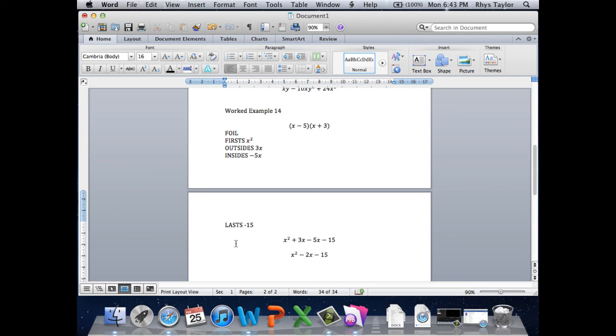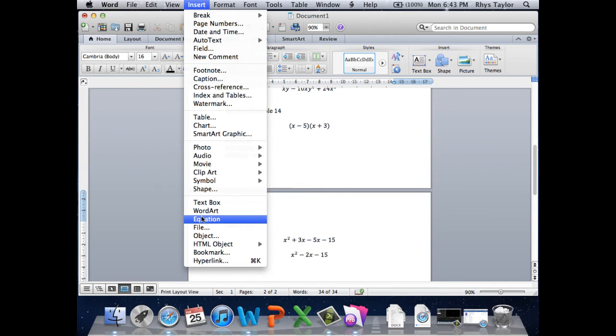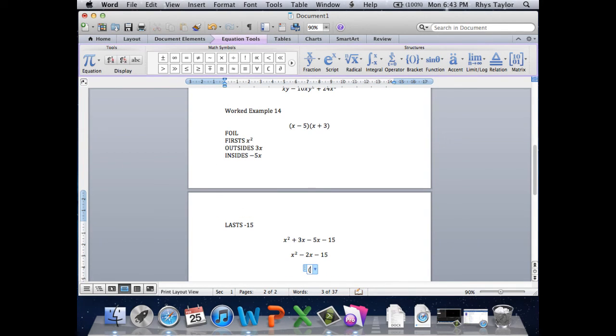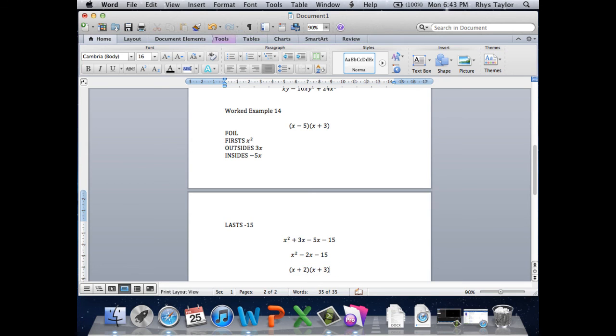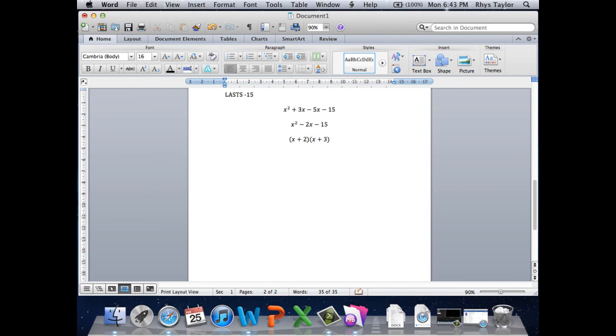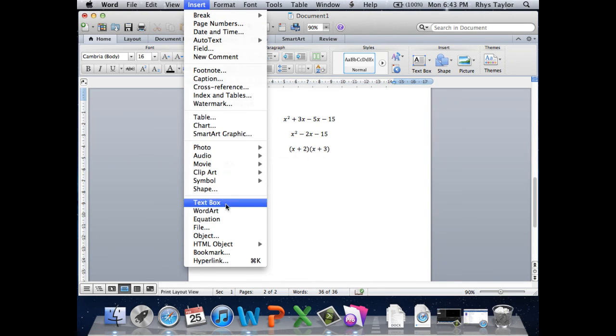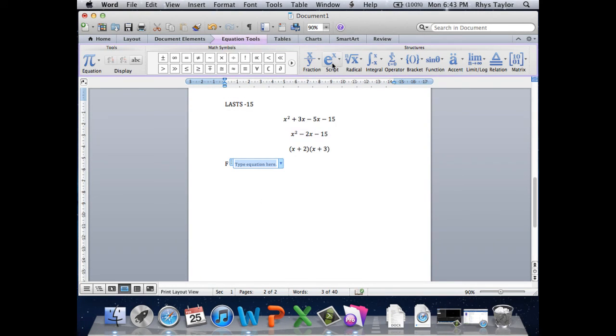Now, next equation, (x plus 2) and (x plus 3). So we do FOIL again. Now first is x times x, well that's x squared. x to the power of 2.